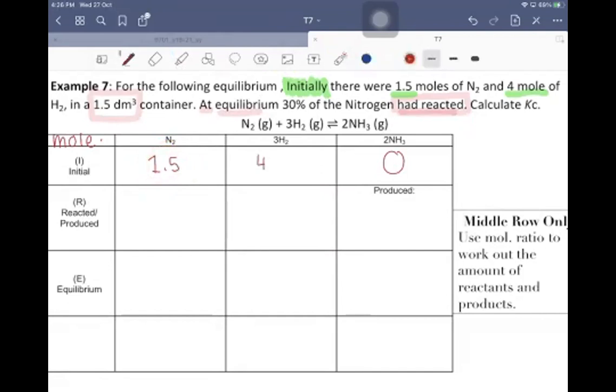So that means your first step is 30% of 1.5. That means not all 1.5 will go into reaction. So 30% of 1.5 is 0.45. Okay, so I'm just going to write that as big as I can.